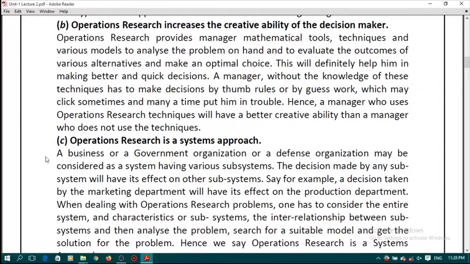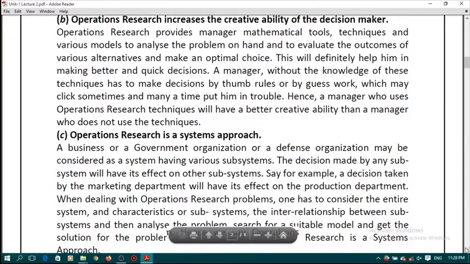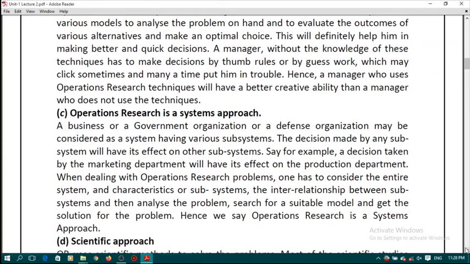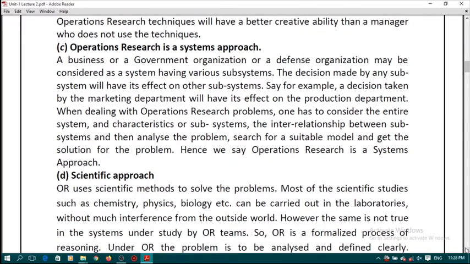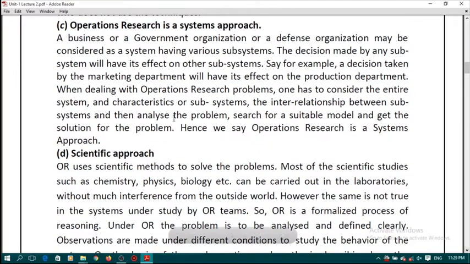Operation research is a system approach. A business or a government organization or a defense organization may be considered as a system having various subsystems. The decision made by any subsystem will have its effect on other subsystems.